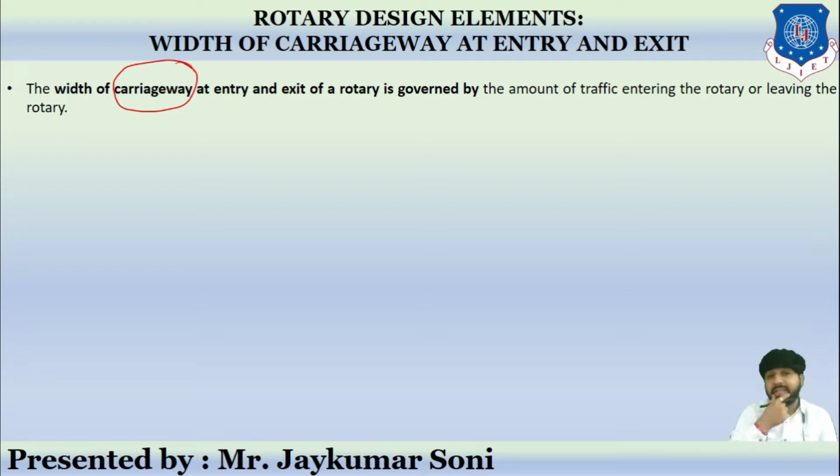Now, whenever we discuss the width of carriageway of the rotary design, the width of carriageway at entry and exit of a rotary is controlled by the amount of traffic entering and the amount of traffic leaving the rotary. So this is what you have to understand.